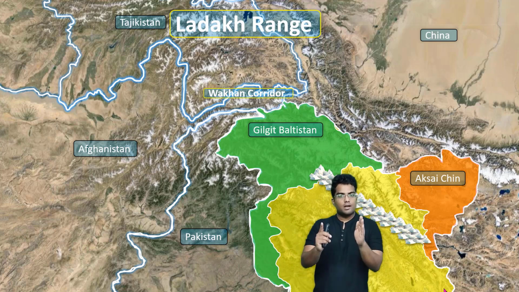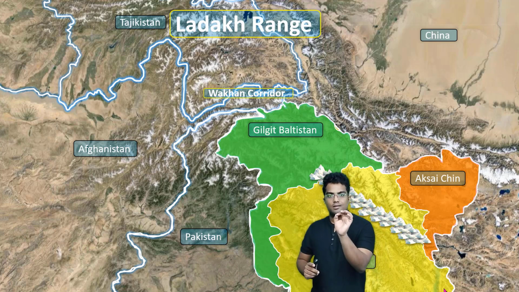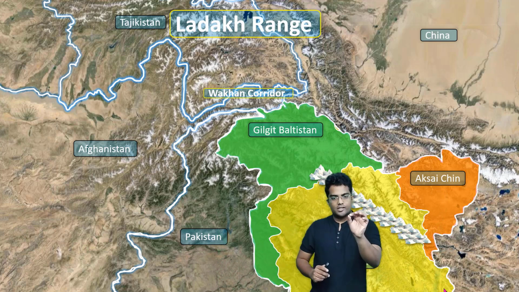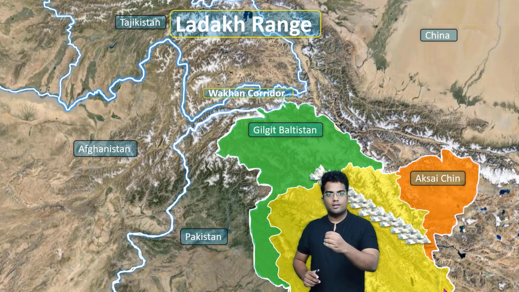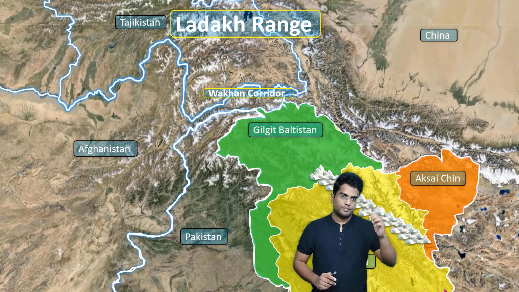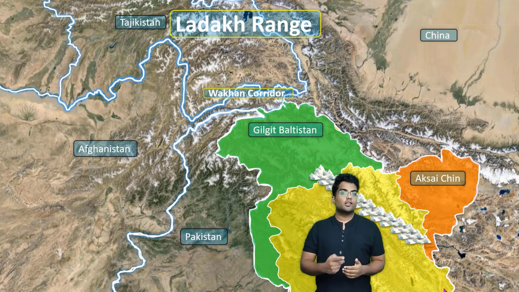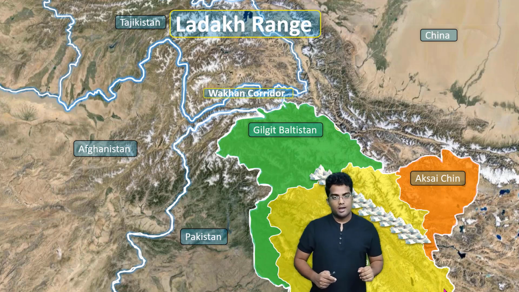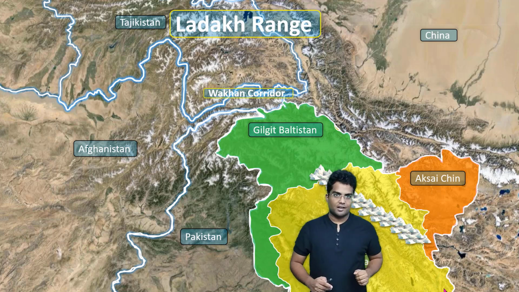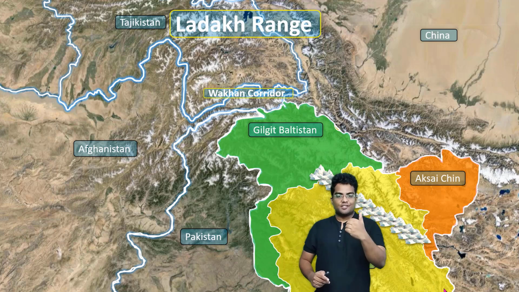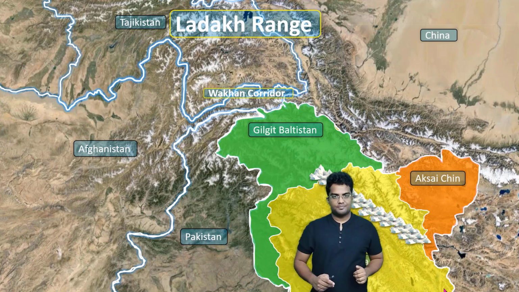Now remember, 80% of the Ladakh range is in India. Only some parts of the head are in Gilgit-Baltistan, and some part of it, the tail, is in Aksai Chin. However, for the Karakoram range, if you remember, the majority was in Gilgit-Baltistan, right? So that's the Ladakh range.